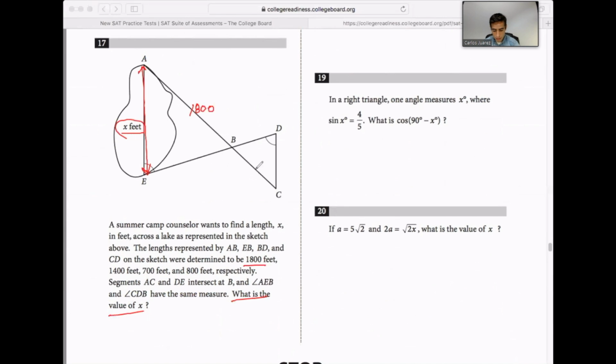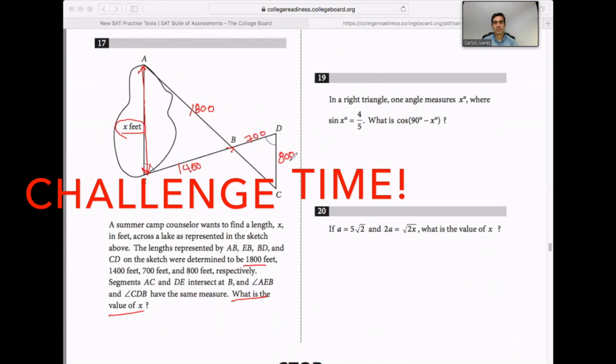EB is going to be 1400, right here. That's from here to here. And then 700 feet is BD. And finally, it's telling us that CD is going to be 800 feet. Now, go ahead and pause this video and give it a try.